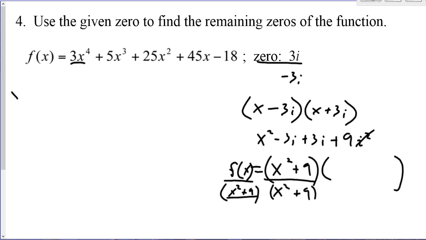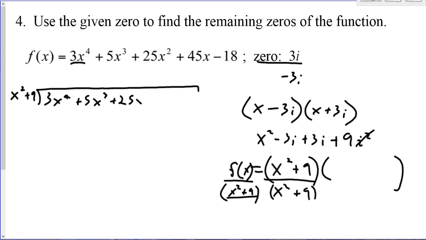So I have x squared plus 9 divided into this quartic: 3x to the fourth plus 5x cubed plus 25x squared plus 45x minus 18. Okay, x squared times what is 3x to the fourth? That's going to be 3x squared.